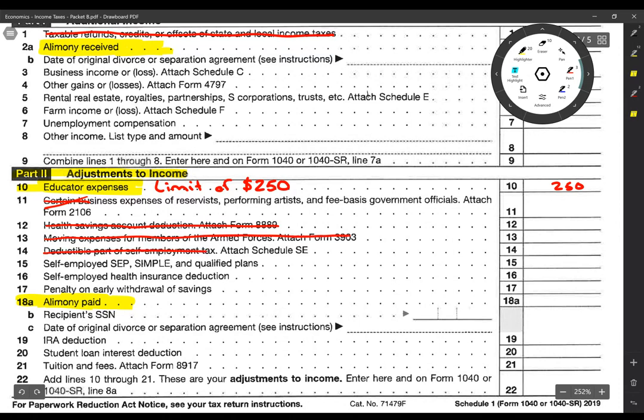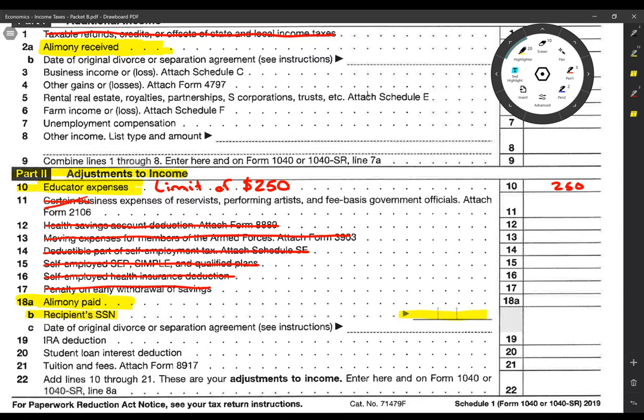Deduct, no, no, no, no, possibly alimony. Okay, and so if you notice here also, you would need to fill out the recipient social security number. That's so the IRS can double check. Okay, you're saying you've paid individual B this money. Now individual B has the responsibility of paying taxes on it. Let's pull up their tax return.